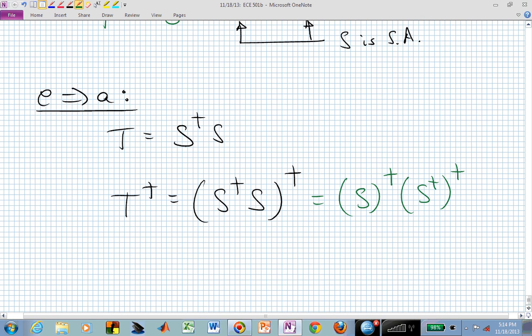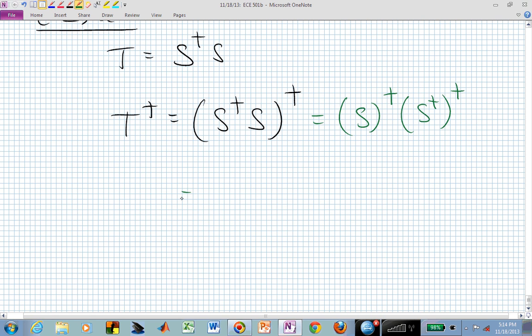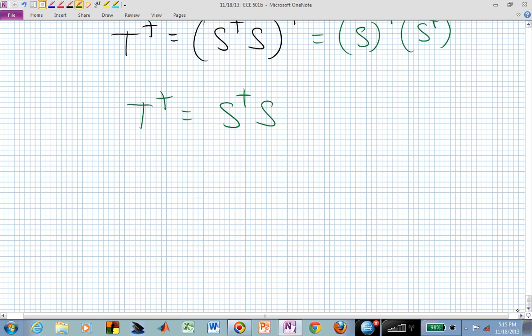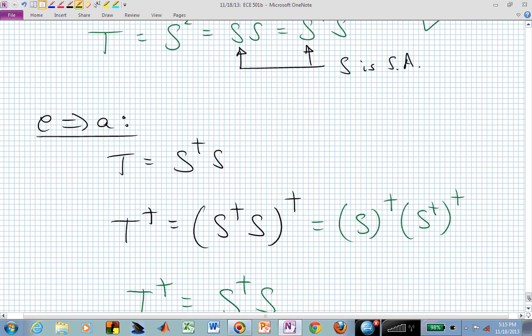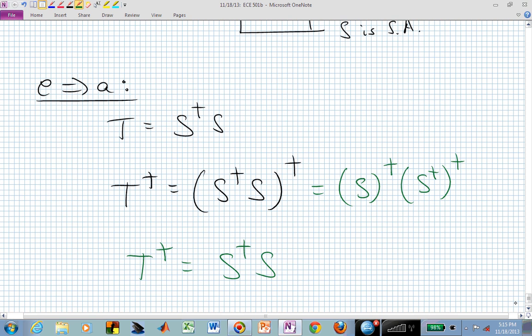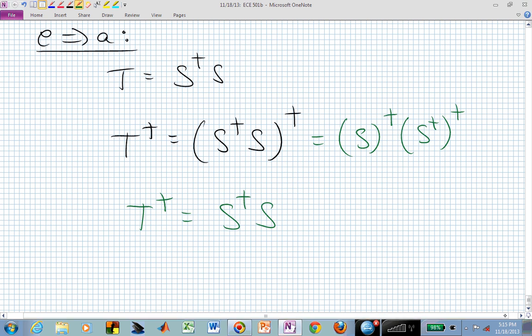And if we skip that step, we could have immediately written down that S adjoint is just S adjoint, and the adjoint of S adjoint is S. So the adjoint of T is now S adjoint S. Wait a minute. That's what T was. Good. So now T is self-adjoint, right?